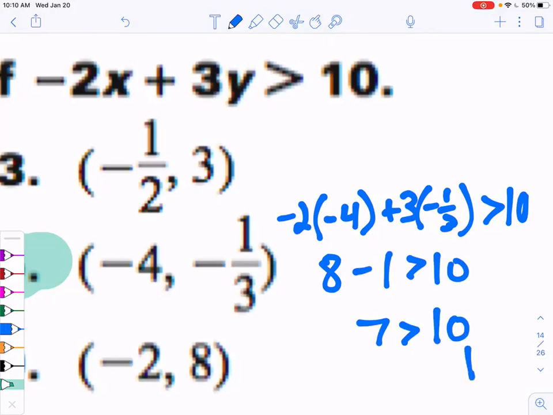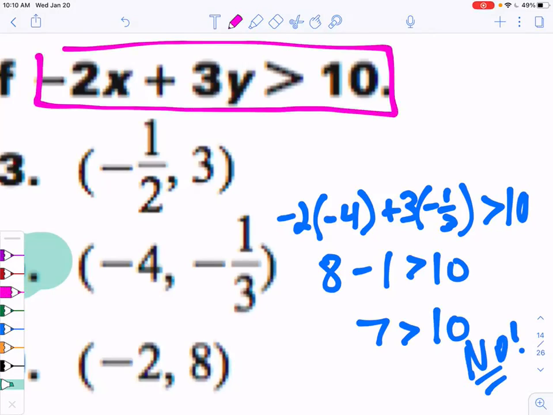No. So is it a solution? No. That's all. You just plug in. Questions? You're looking at the same inequality for each one of those, just plugging in the different ordered pairs. The same steps exactly as Mr. King did, just different numbers to plug in.